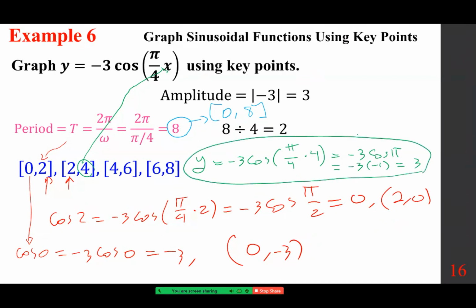The following pair is 4, comma 3. All you have to do is plug the endpoints 0, 2, 4, 6, 8 into the equation y equals negative 3 cosine of pi over 4 x, evaluate the pairs and draw those pairs.